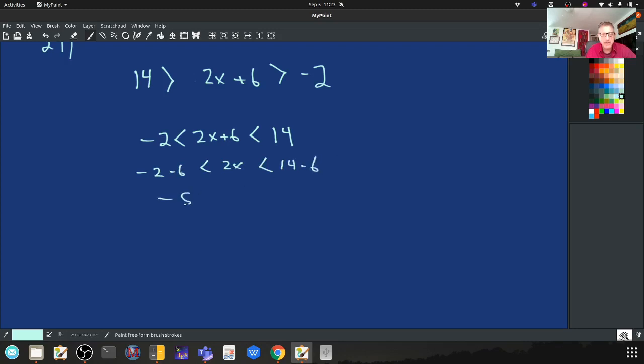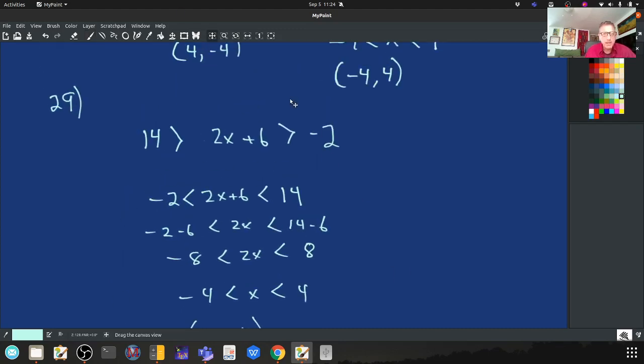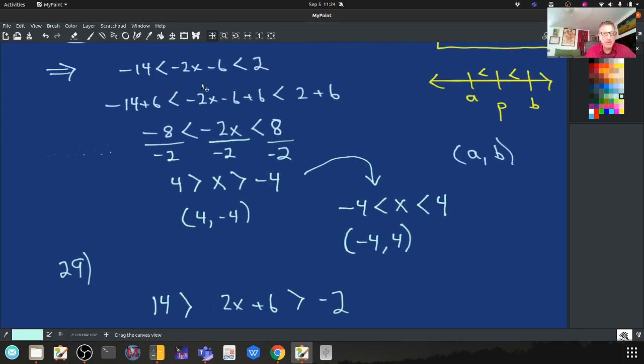So this is minus 8 is less than 2x is less than 8. And then you divide through by 2, and you get minus 4 is less than x is less than 4. So your interval is minus 4 and 4. That's where your x lives. That's your solution. So part of the problem there was that the original problem was not what I wrote down.